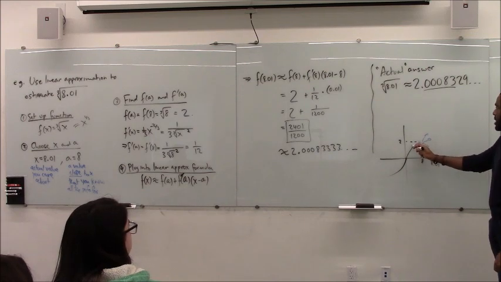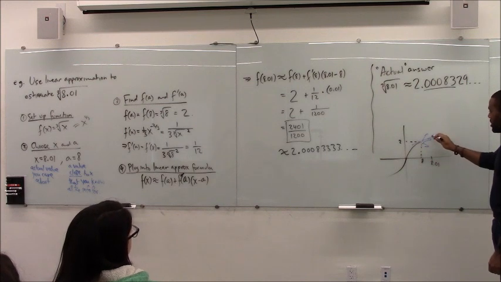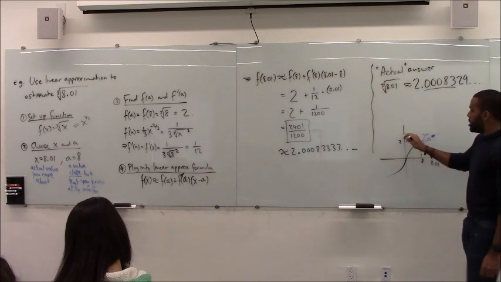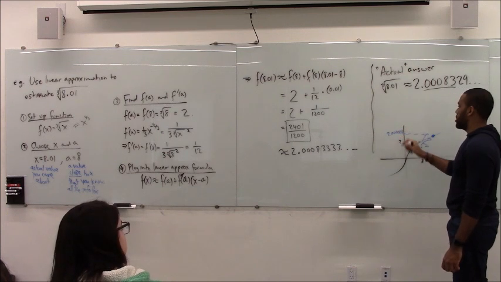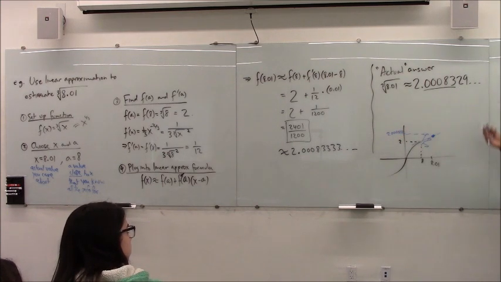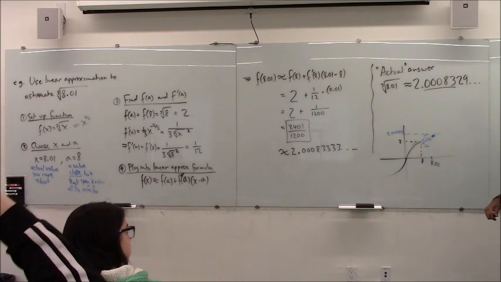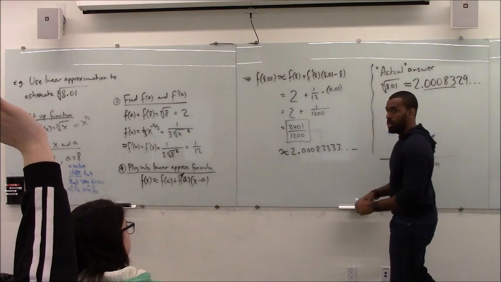But with a tangent line, you would guess that the output is going to be 2.000833, and you'd be correct up to 5 or 6 decimal places, depending on whether you want to take the rounding with you. So I think that's pretty cool.